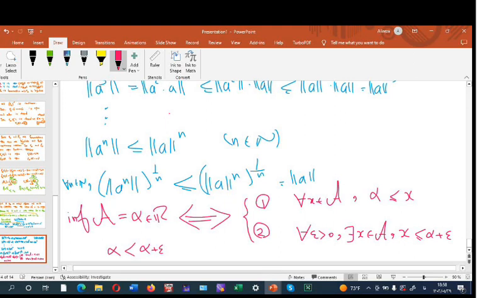We do not have this property because this is the greatest lower bound.